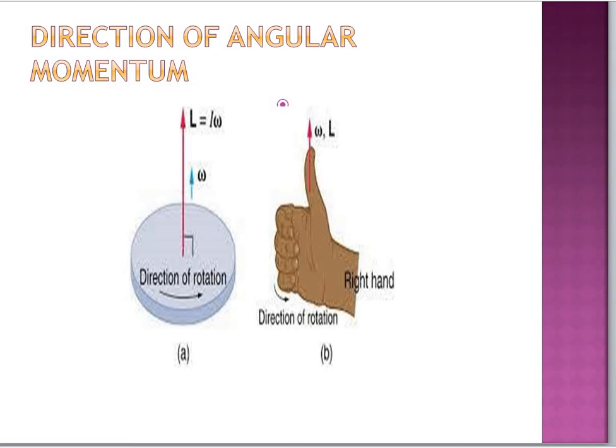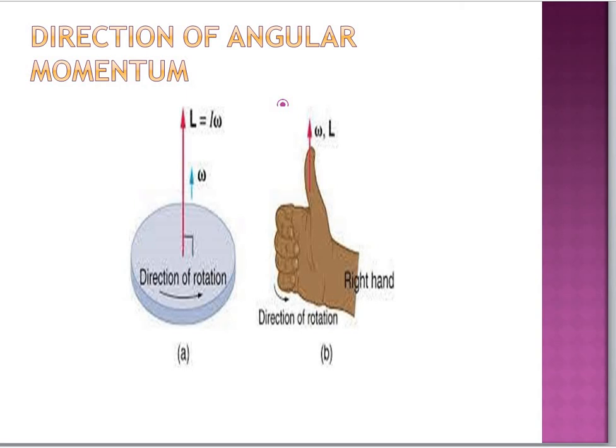So angular momentum is a vector quantity describing an object in circular motion. Its magnitude is equal to the momentum of the particle and the direction is perpendicular to the plane of its circular motion.